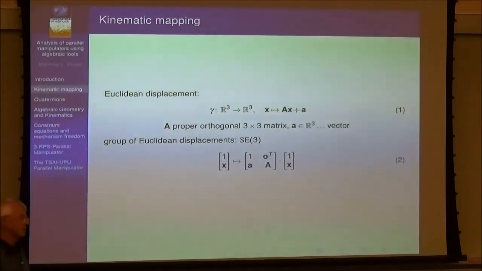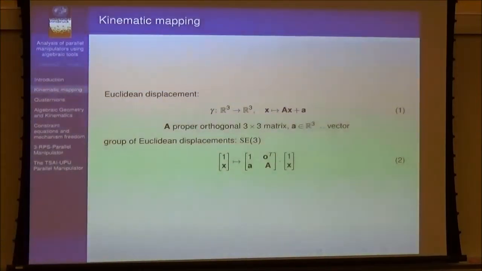You have an inverse element, you have a neutral element, which is the identity matrix. When you multiply two of these matrices, you get a matrix of the same type. These are essentially the group properties, and the distributive law is also valid. So this is why we say it's a group of displacements.